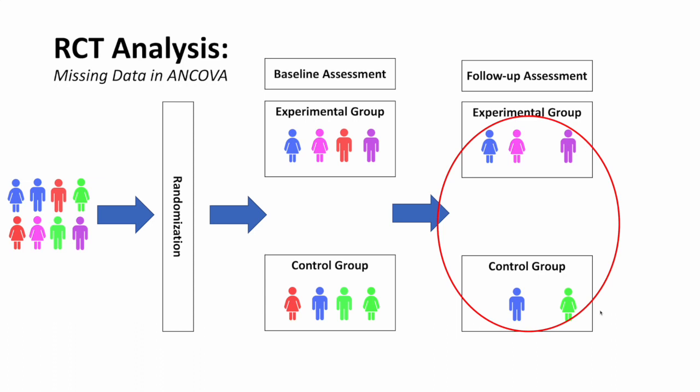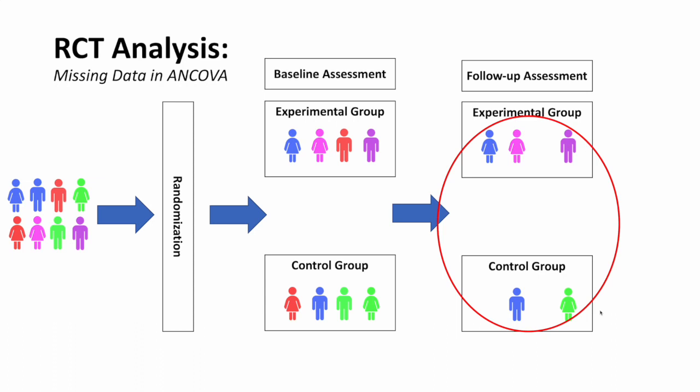But the problem with ANCOVA is that ANCOVA does a list-wise deletion of individuals who do not complete the follow-up assessment. So it is impossible to run an intention to treat analysis with ANCOVA oftentimes if there are missing data included. And that's why it's going to be important for us in an ANCOVA model to make sure that we impute for missing data.